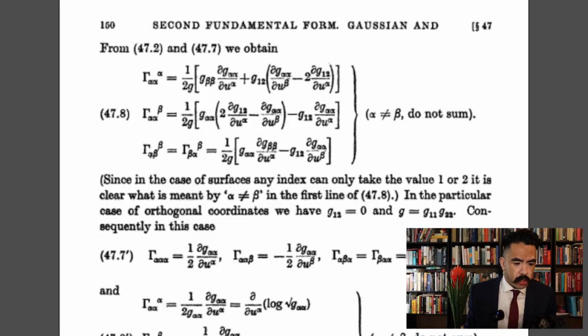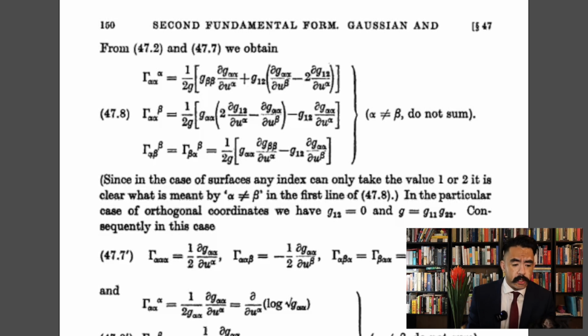From the previous relations, we obtained that Christoffel sub alpha alpha superscript alpha equals 1 over 2 times g then times the quantity g sub beta beta times partial g sub alpha alpha partial u alpha plus g sub 1 2 times quantity partial g sub alpha alpha partial u beta minus 2 times partial g sub 1 2 partial u alpha, close both quantities.